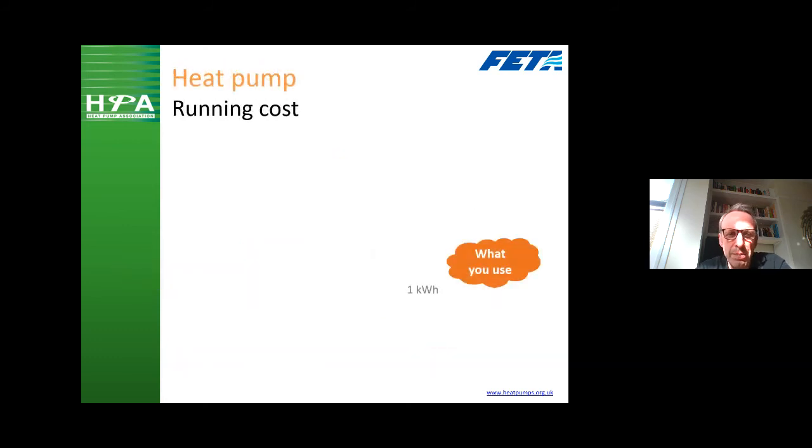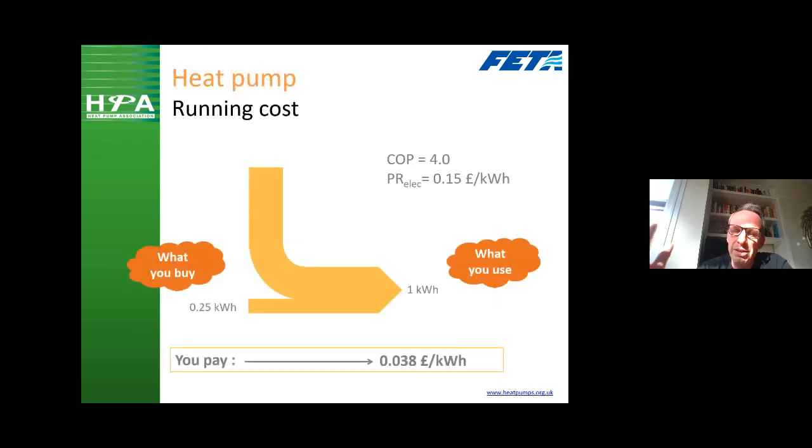So if we look at a heat pump, it is a much higher efficiency heat engine, and in certain instances, a heat pump can have a COP, or coefficient of performance, which is effectively the efficiency. So in this particular instance, if you're paying 15 pence, just as an example, for electricity per kilowatt, but we still want a kilowatt hour of heat out of that heat source, we only need to put 1/4 kilowatt in.